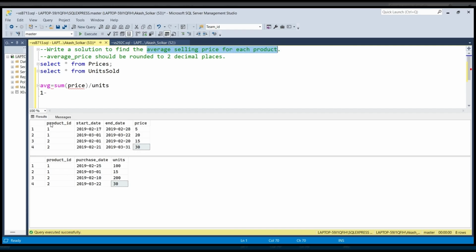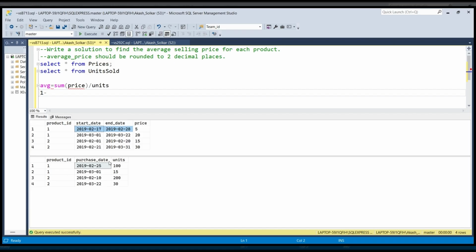So we have two product IDs, first is product 1. If you see the average selling price, for product ID 1 the purchase date has been given, and 100 units sold. The 100 units sold when the purchase date is between the start date and the end date.